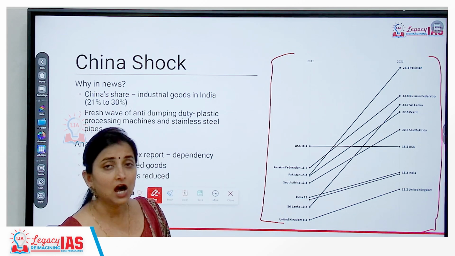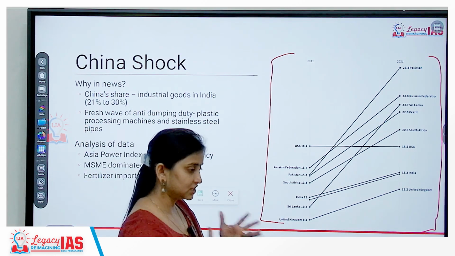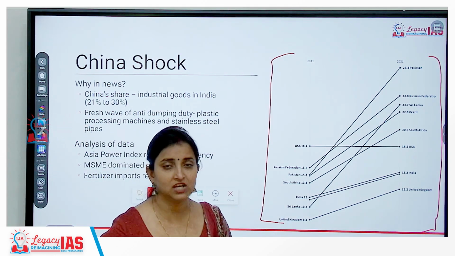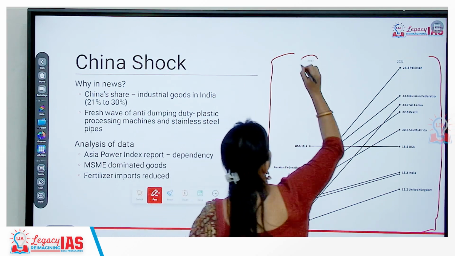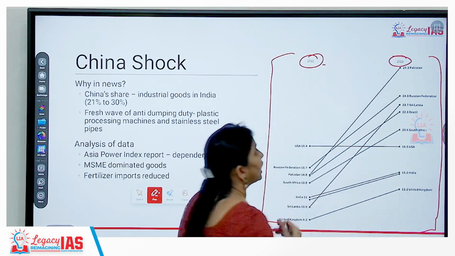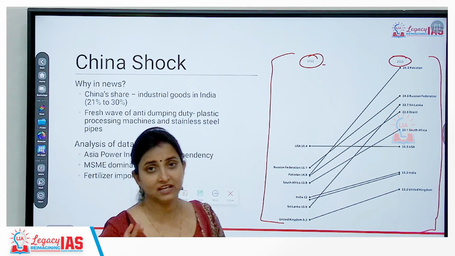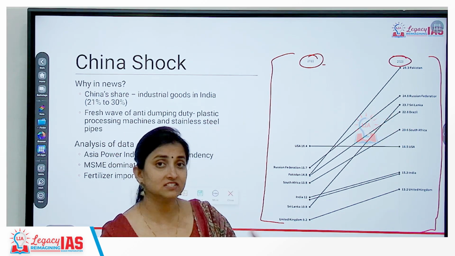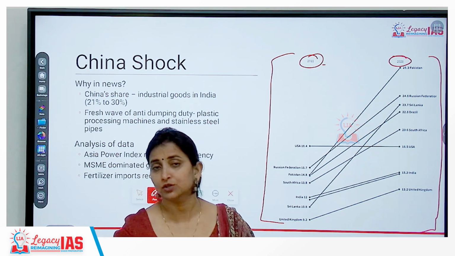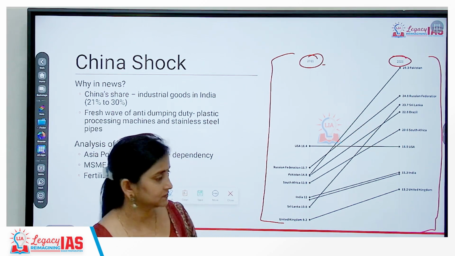How much is the increase or decrease or no change in their imports from China as compared between 2011 and 2021? So how much they were importing from China in 2011 and how much in 2021, whether the countries have increased or decreased their imports or there is no change, this we are analyzing. ठीक है?